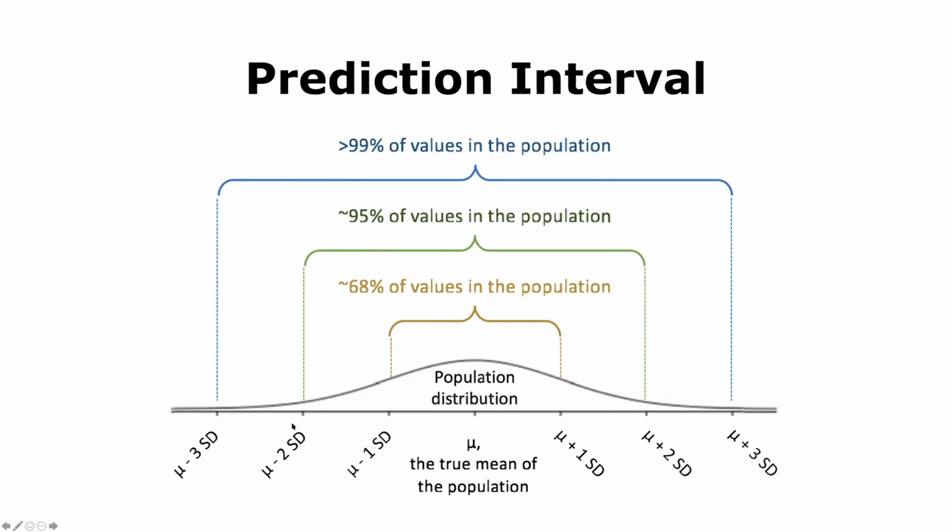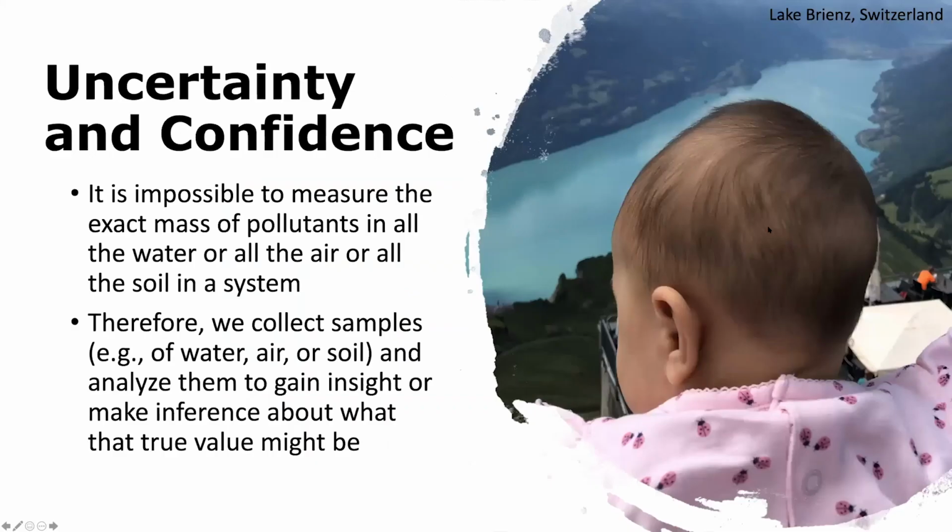If you take two standard deviations to the left and two standard deviations to the right, that interval includes 95% of the values in the population. So 95% of the values that you might obtain from future analyses. And then if you take three standard deviations, you'll have more than 99% of the values. All right, so that's variability and prediction.